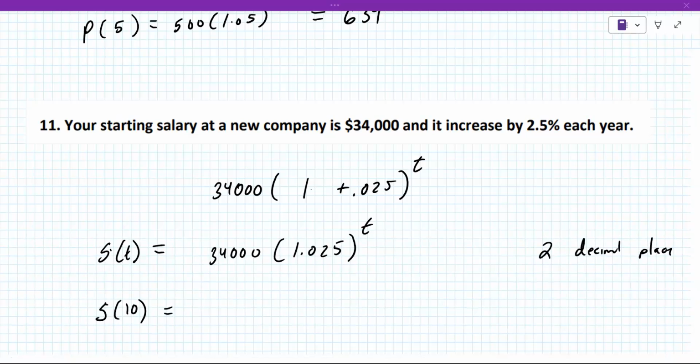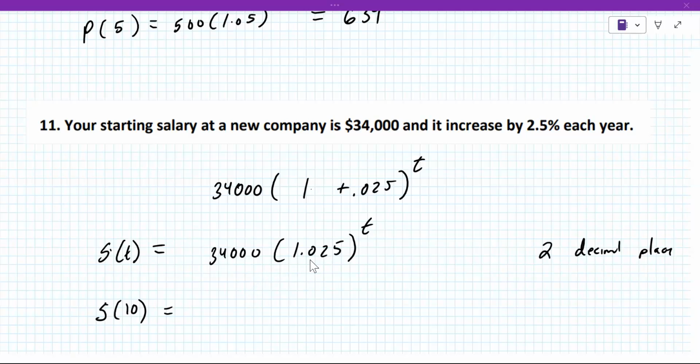34,000. One. 38,460.7.86. We're doing in the 10th here, right?